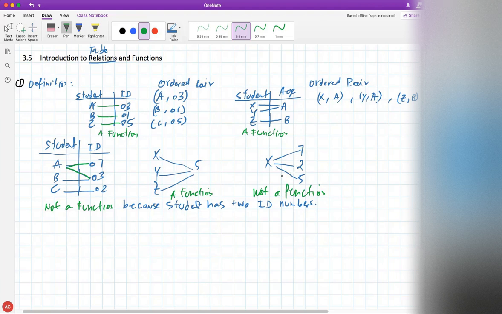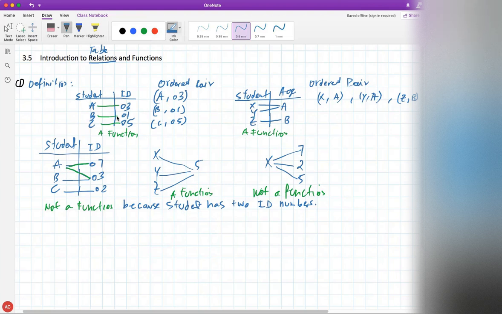So that's the only difference between functions and relations. If one element from here has 2 lines or more, it's not a function. But if each element has exactly one value, it is a function.